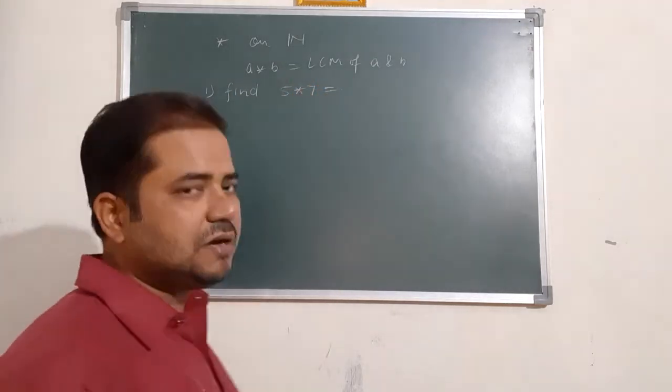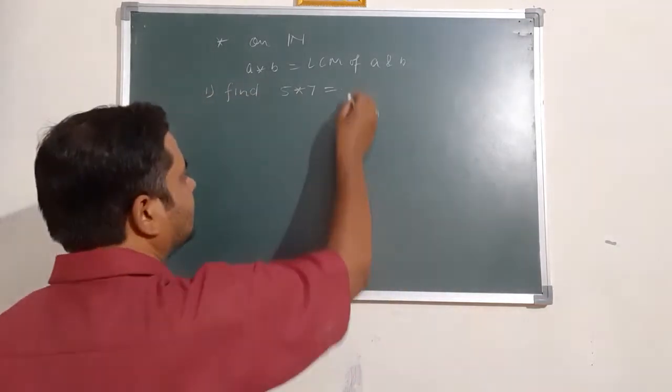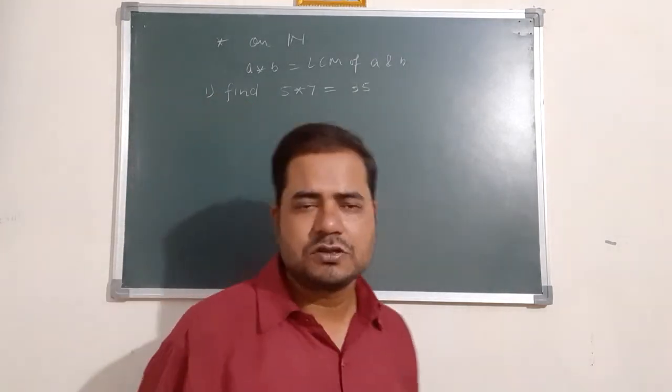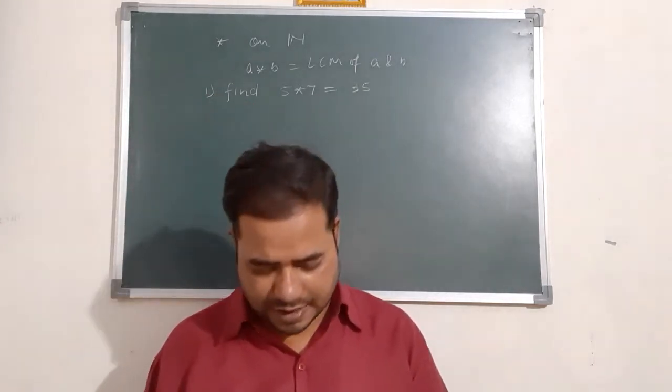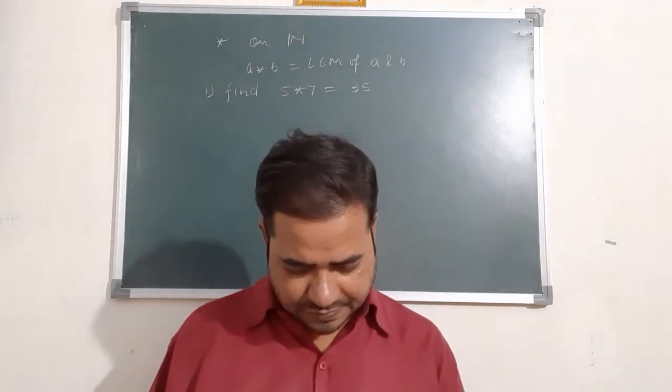So what is the LCM of 5 and 7? The LCM of 5 and 7 is 35. Yes, 35 belongs to the natural numbers.